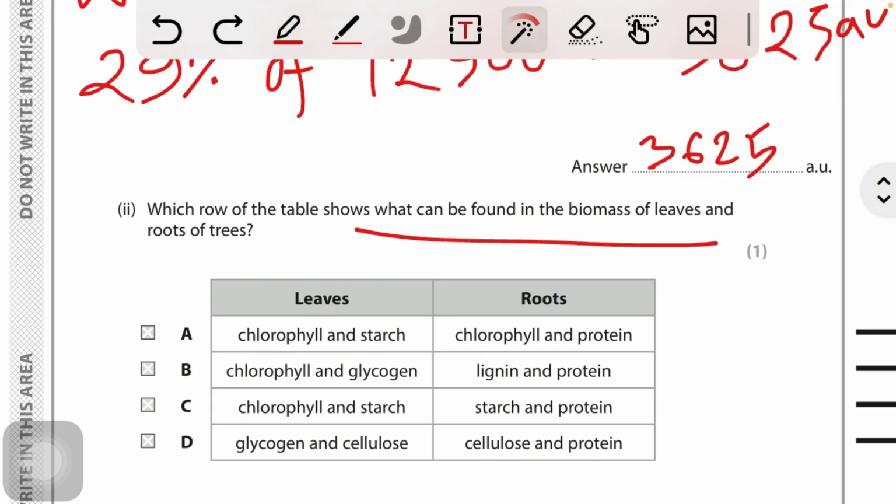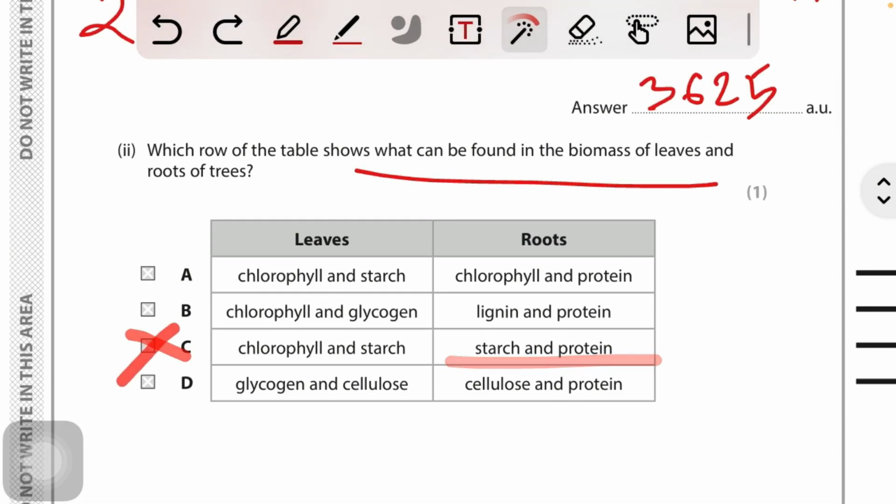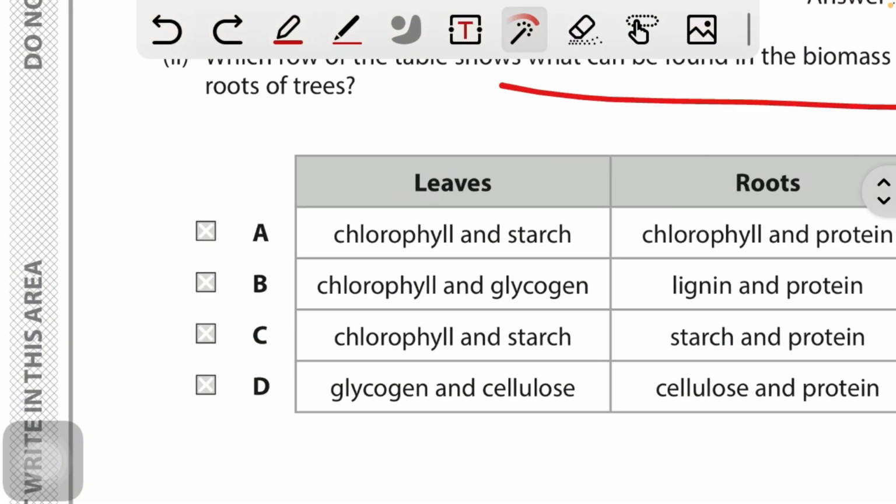Chlorophyll and glycogen is the wrong answer because glycogen is found in animals and not in plants. So, the answer is between A and C. So, let's see what is found in roots. Chlorophyll and protein. No, chlorophyll is not found in roots, it's only found in the leaves. So the correct answer is C. Chlorophyll and starch and protein.